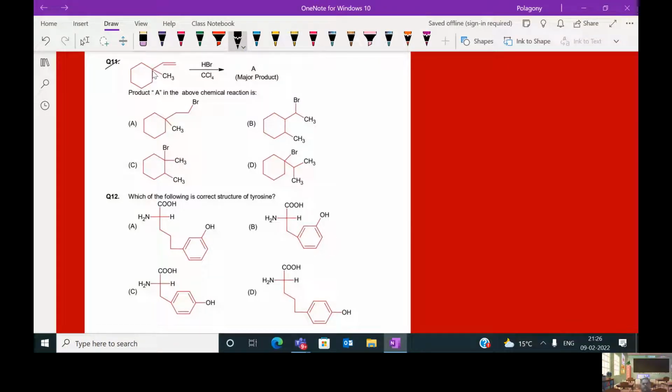A cyclohexane attached to a methyl group and an unsaturated branch. It is treated with HBr in the presence of carbon tetrachloride, so it undergoes an addition reaction.